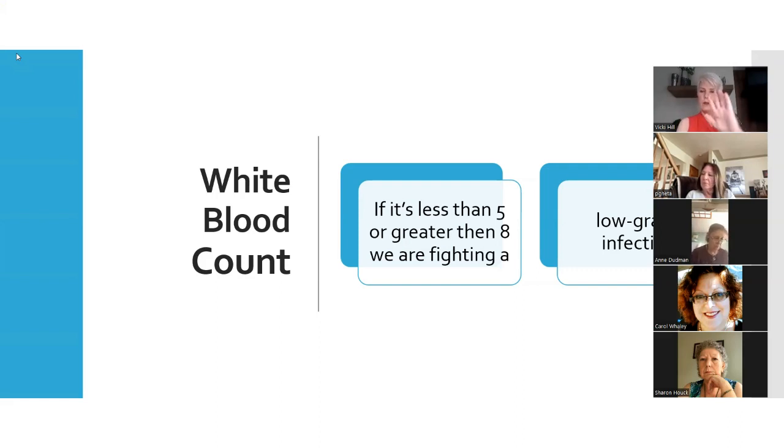But if you have like 9.4, or if your number is 4.1 or something like that, then what you're looking at is a low-grade infection. So that's telling us, okay, there's some sort of infection in your body. Doesn't tell us what kind of infection, it just tells us that there's a low-grade infection. Everybody got that? Mhm. Head nod. Okay.